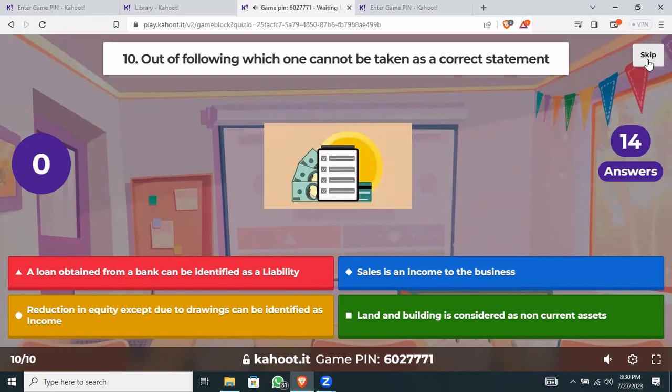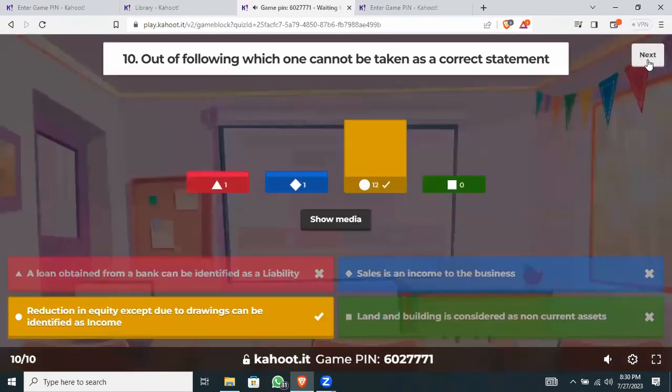Okay, let's move to the answers. 12 correct answers. I asked which one cannot be taken as correct, that means I asked what is the incorrect statement. First one, a loan obtained from a bank can be identified as a liability. That's correct.